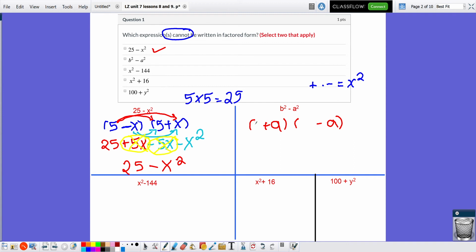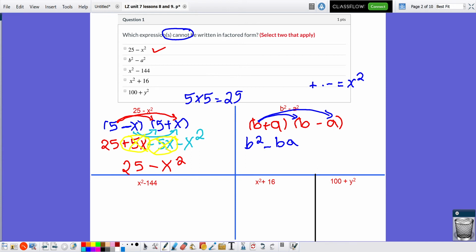And I have b squared. So b times b is b squared. So let's check. We'll multiply these two. B times b is b squared. B times negative a is negative ba.